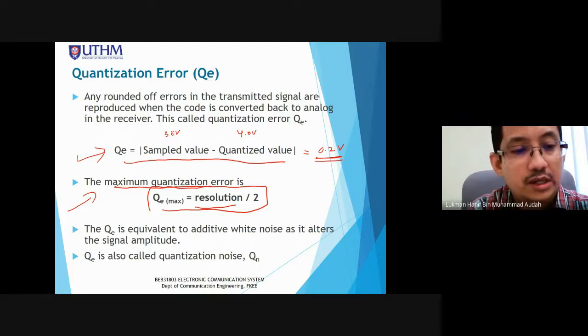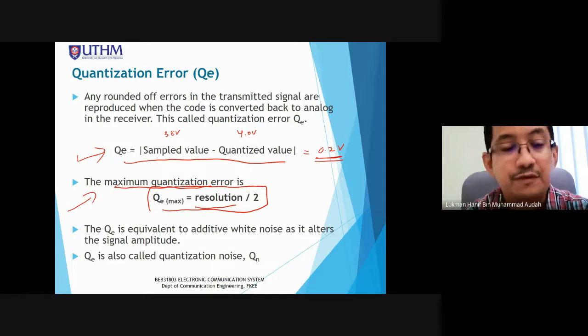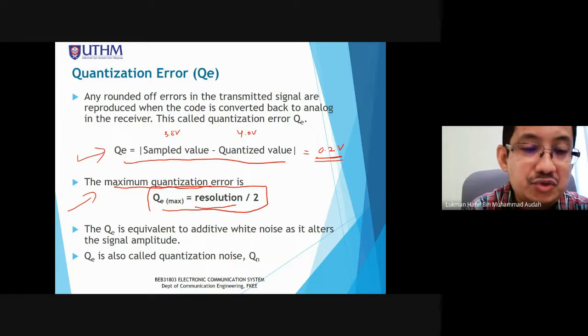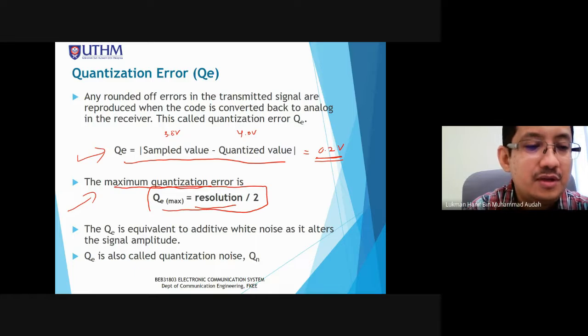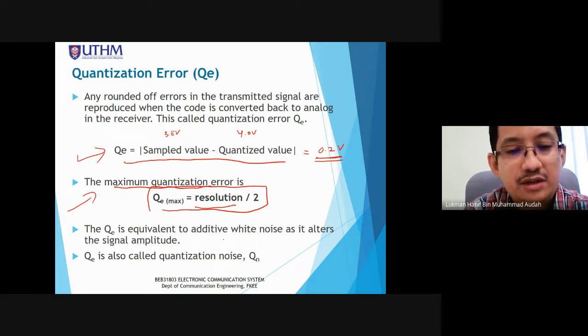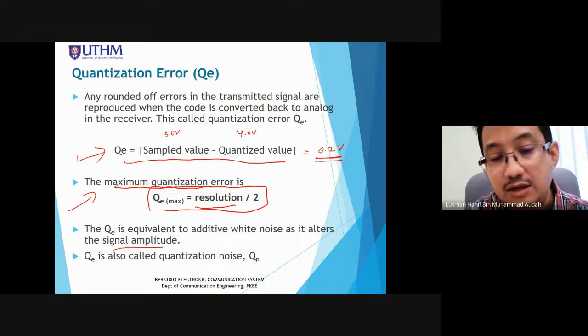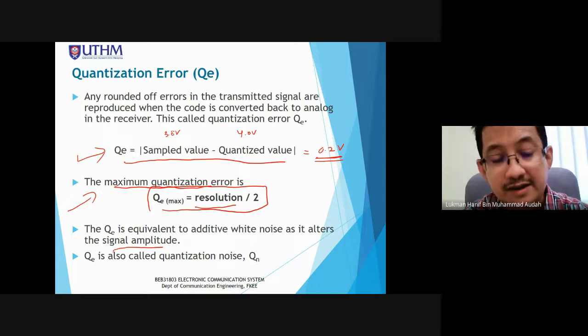Okay. So you see that if the resolution is small, therefore the QE will be small. So that's why it is good to have small resolution. Okay. So the QE is equivalent to additive white noise as it alters the signal amplitude. Of course, kalau kita mengubah suai amplitude, bermakna kita melakukan proses error.